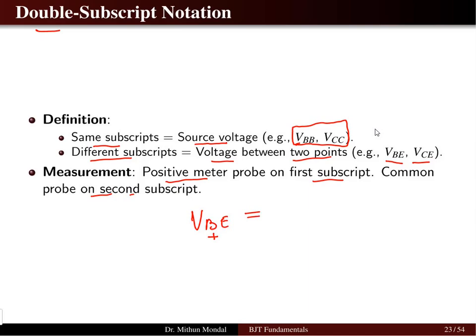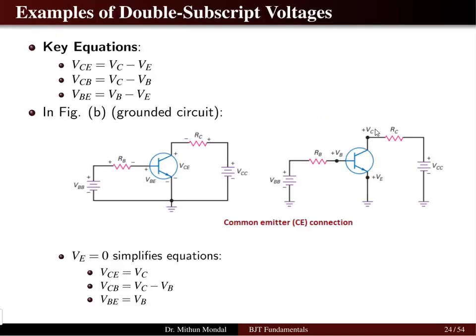These potentials can be further taken as the difference between voltages. The examples of double subscript, whether VCE, VCB or VBE, can be written as the difference of voltages, where the first notation is given the positive polarity and the other is common.